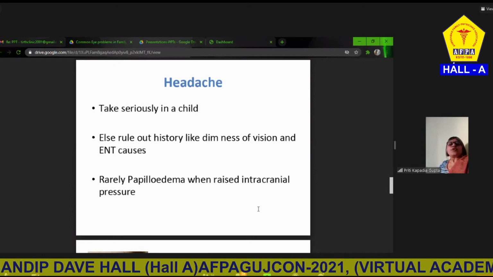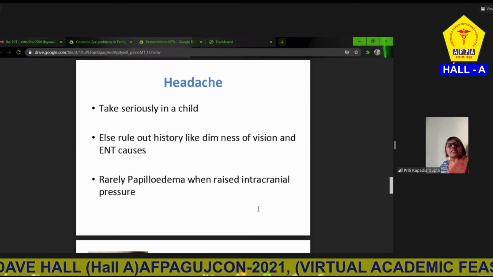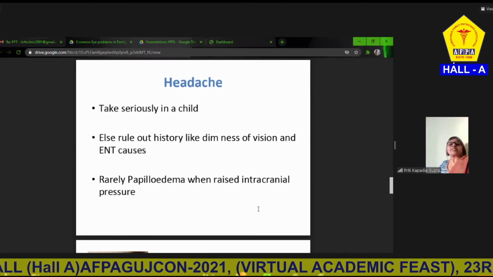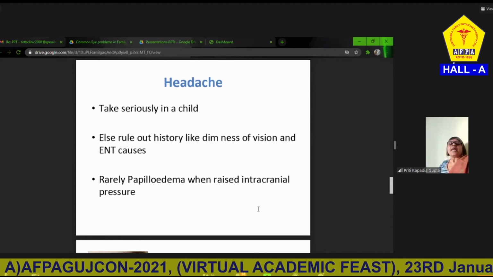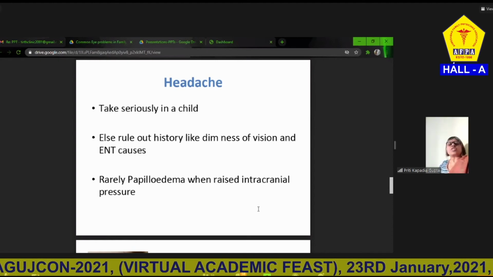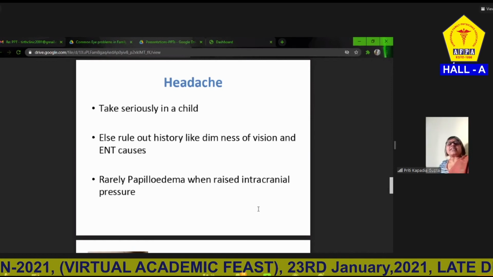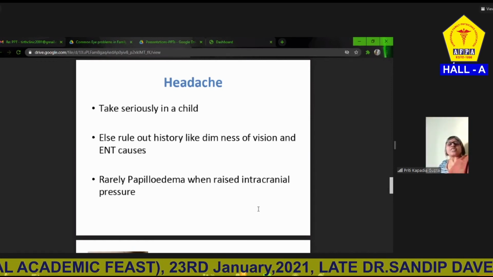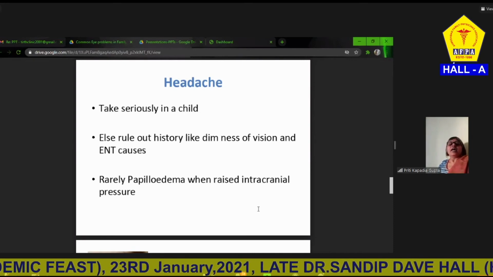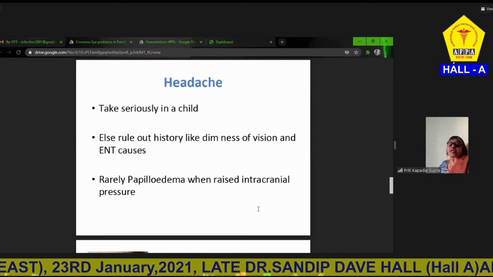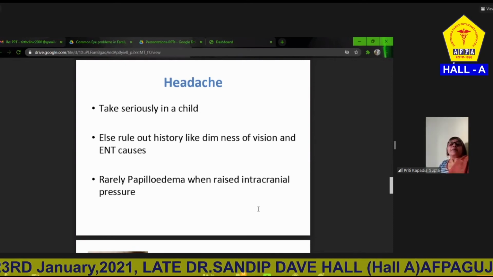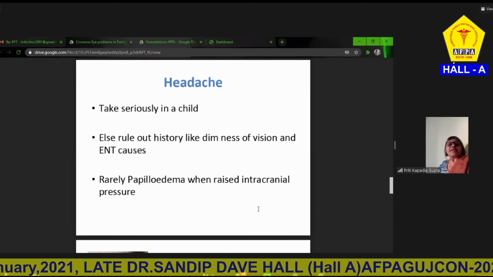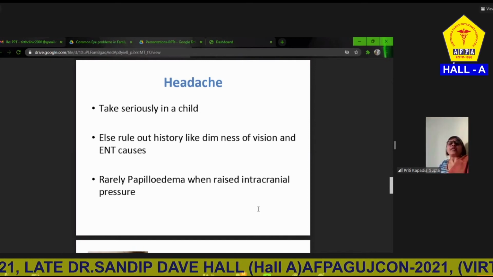I already told you that one must rule out ENT causes by ruling out the history. And one important thing which we must not neglect is papilloedema. We have seen 5 to 10% cases diagnosed to have intracranial pathology by just looking at the picture of fundus, which is what you call papilloedema.